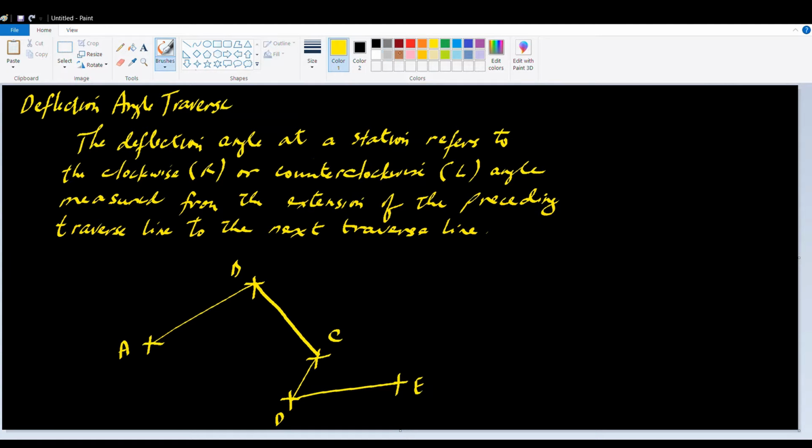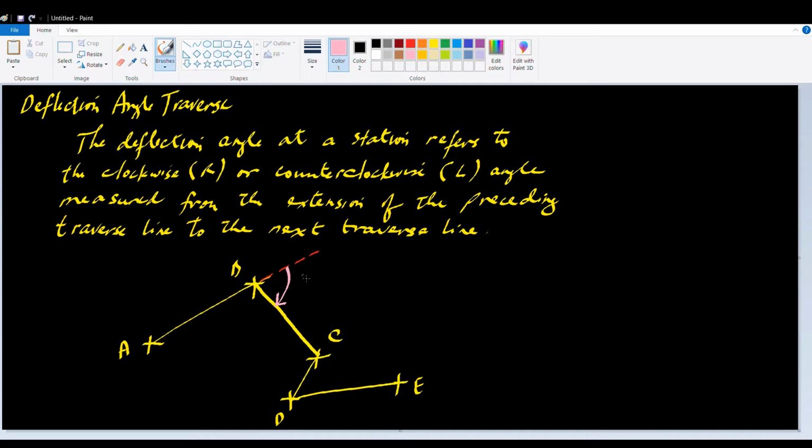So we start at B. At B, we have the extension of traverse line AB. And from that extension of line AB, we measure the clockwise or the counterclockwise angle. In this case, it will be the clockwise angle going to the traverse line BC.